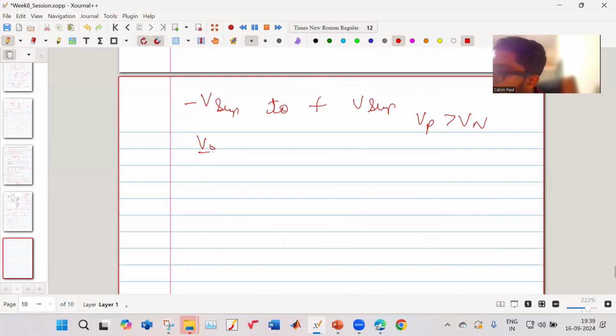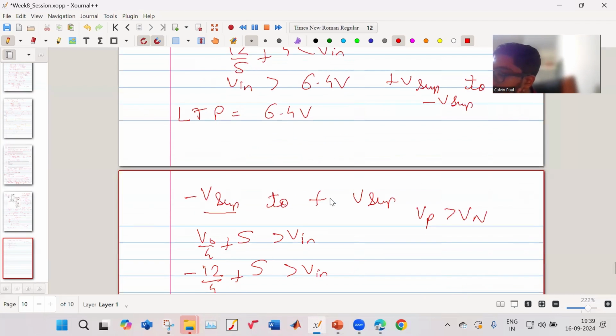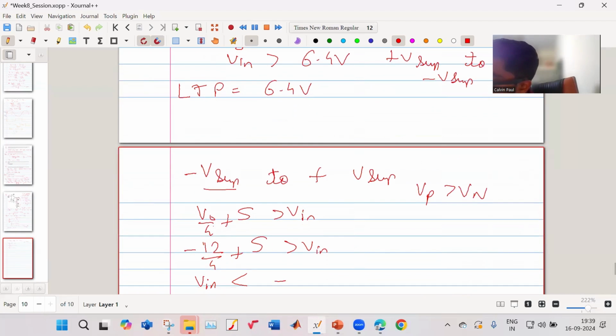That is V output by 4 plus 5 is greater than Vin. So what was my V output? Minus V supply. So it is minus 12 by 4 plus 5 is greater than Vin. So your Vin is less than minus, sorry, actually, this is 12 by 5 plus 4.